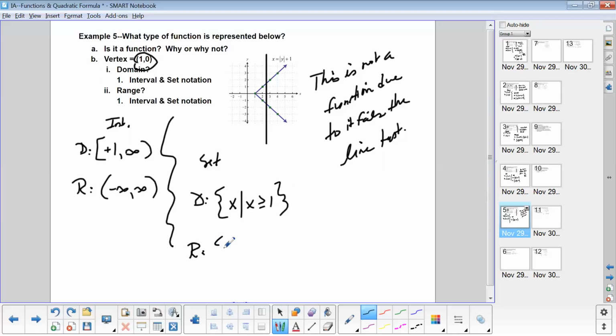And for the range, I'm looking at the y value, and notice the y value of the vertex is 0, so this would be the set of all values y such that y, because I'm looking at my range here, y is an element of all the real numbers.